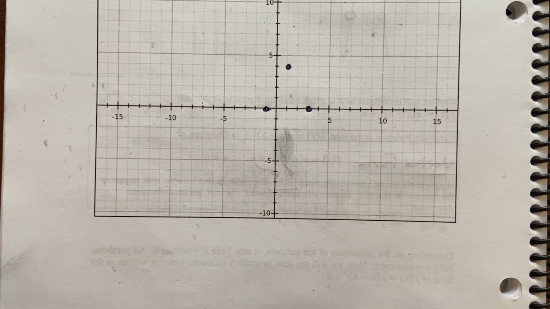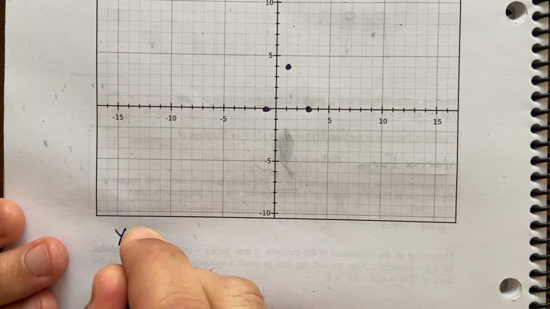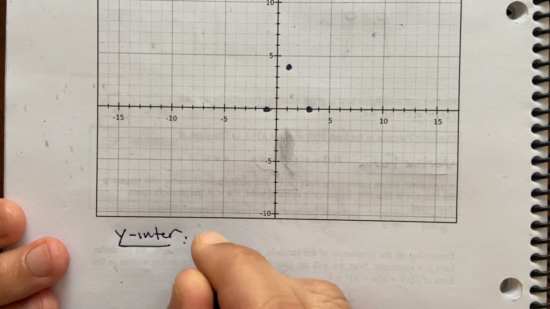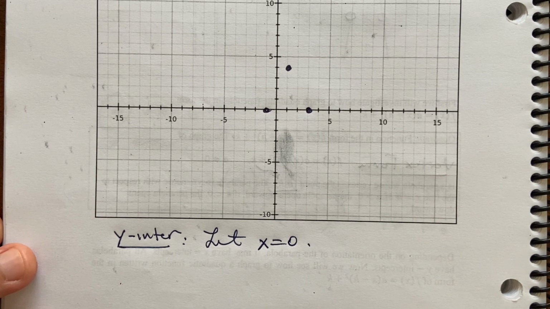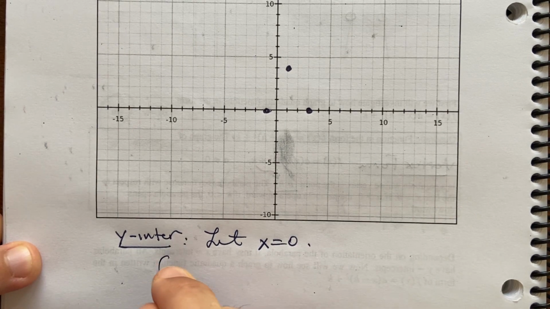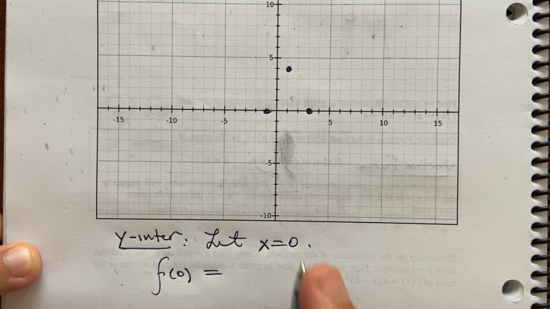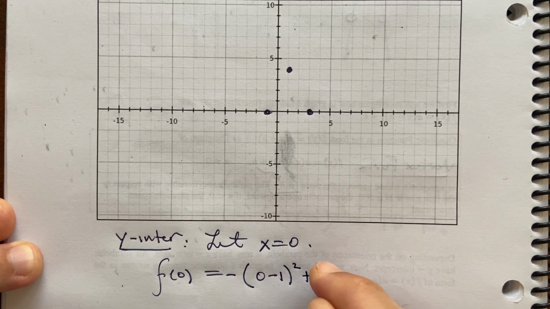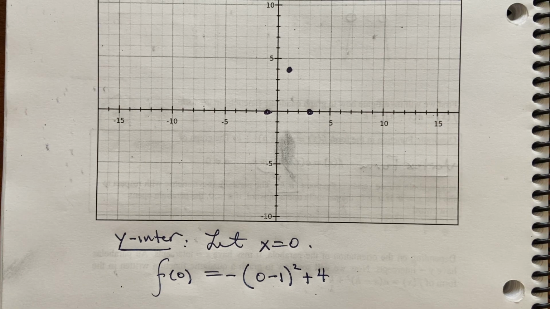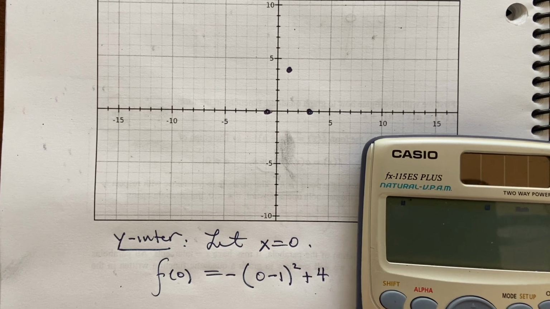So to find a y-intercept, we let x equal 0. So I'll have f of 0 equals negative (0 minus 1) squared plus 4. And you can type that into your calculator if you want.